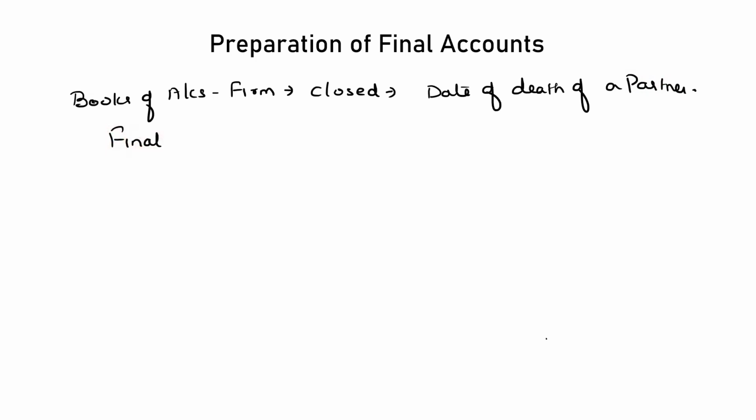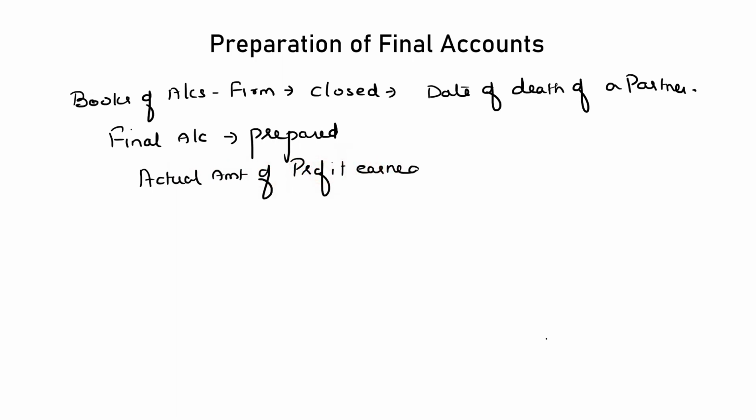Final accounts, that is the profit and loss account and balance sheet, are prepared, and when final accounts are prepared, you will get the actual amount of the profit earned, or in case it is a loss, the loss incurred for that period, from the beginning of the year till the date of death.